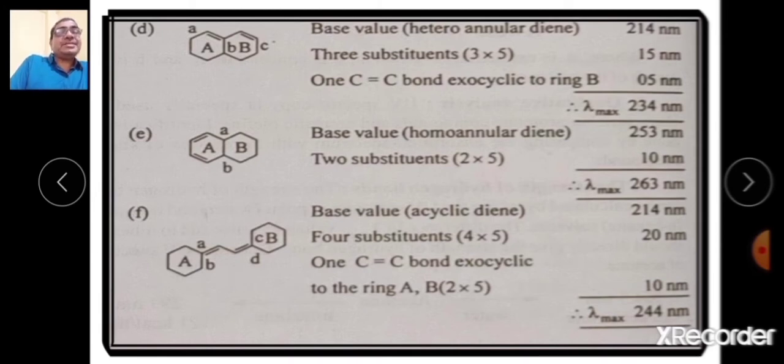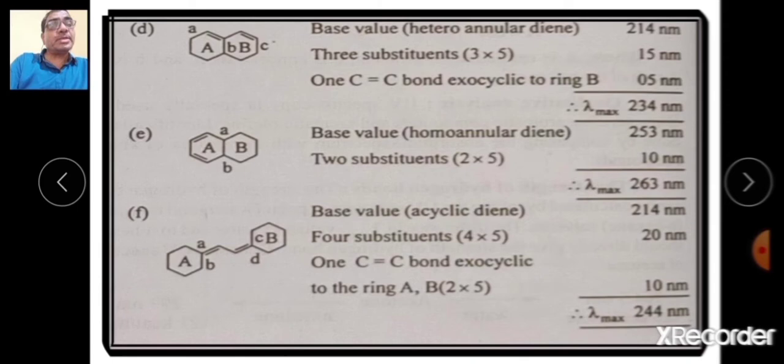Now, this example, the diene is acyclic. Look here, this is a diene acyclic. Double bond, single bond, double bond. What are the substituents? A, B and C and D. And this double bond is exocyclic to ring B. This double bond is exocyclic to ring A. Let us calculate: base value as it is acyclic diene is 214 nanometer. 4 substituents A, B, C, D, and therefore add 20 nanometer.